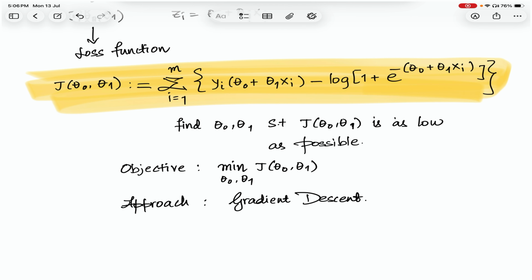We know that d by dx of log of x is 1 by x, and we are supposed to use the chain rule here. So what do we get? We have 1 over 1 plus exponential negative theta 0 plus theta 1 xi times minus 1 times theta 0 is 1 again, and the other terms are simply 0.